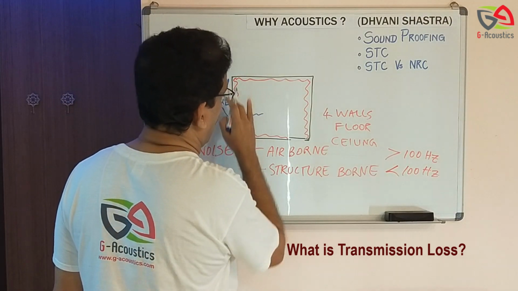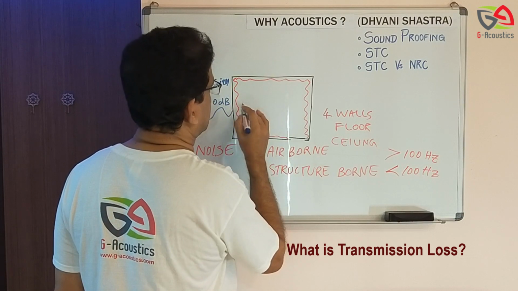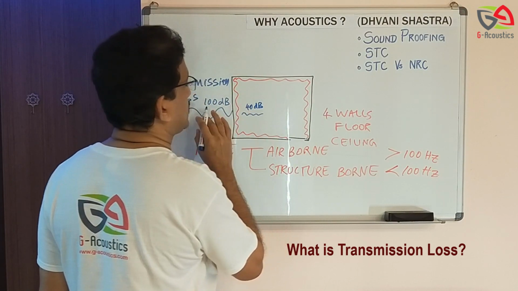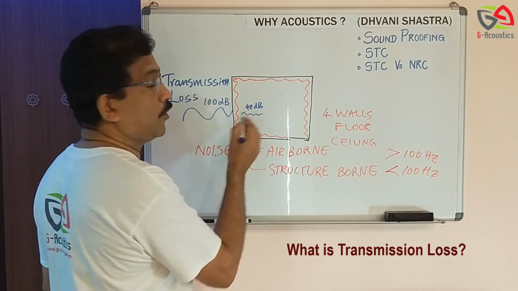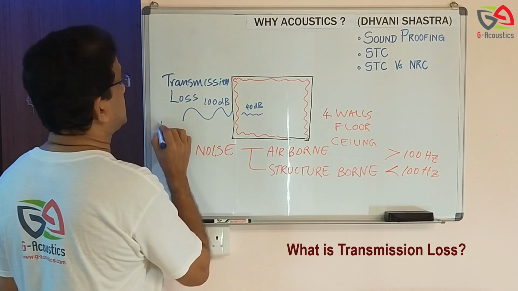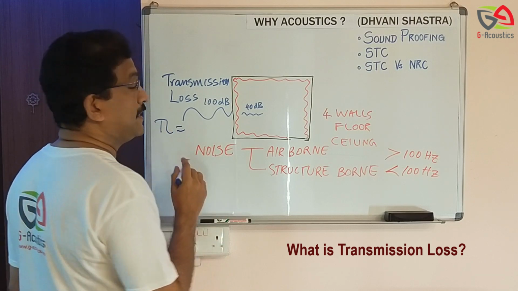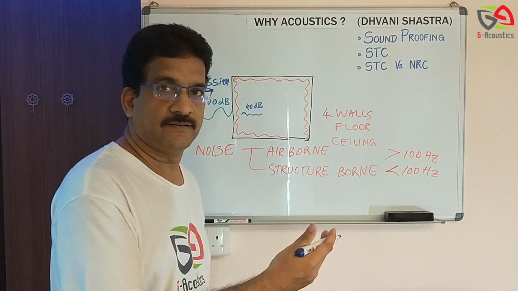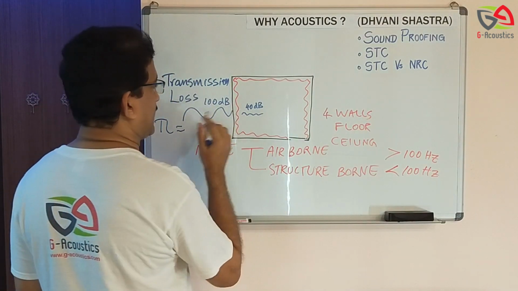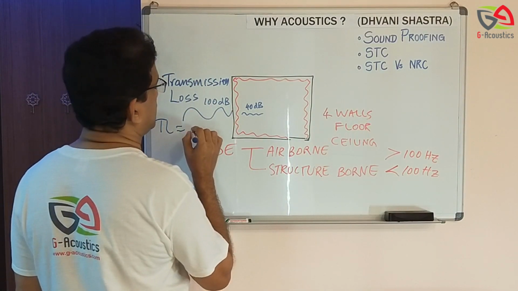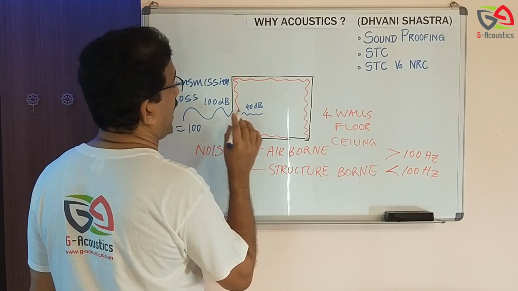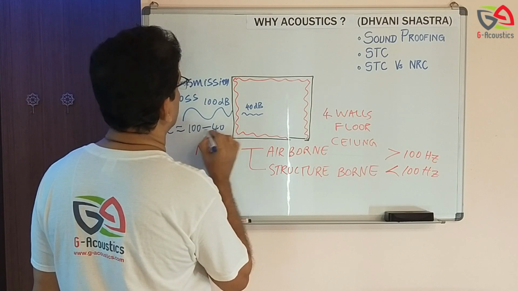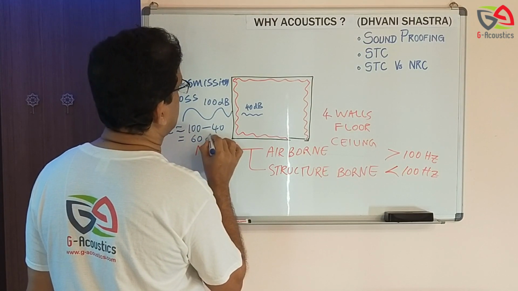The same noise, after the soundproofing is done, if it is measuring say 40 dB, then there is a difference of 60 dB. So transmission loss is nothing but the dB difference between the outside and the inside, right? In this case, the level outside is 100 dB and the decibel level inside the room is 40. So 100 minus 40 and we get 60 decibels.